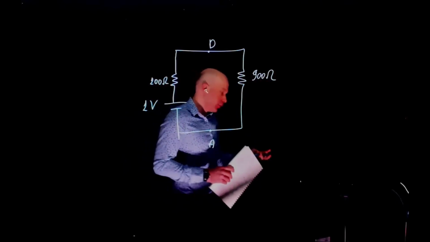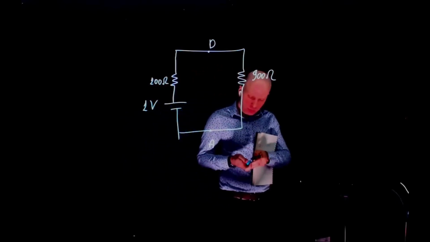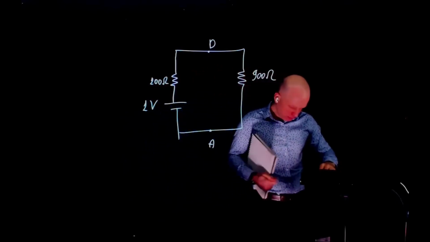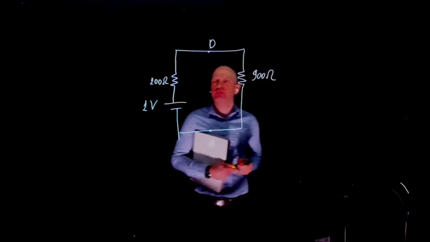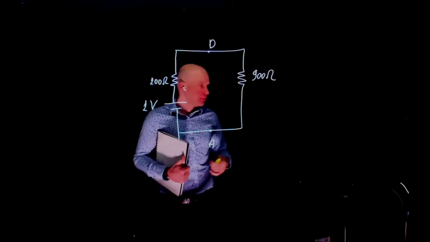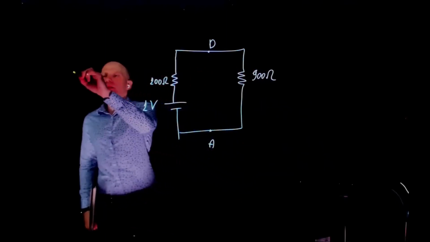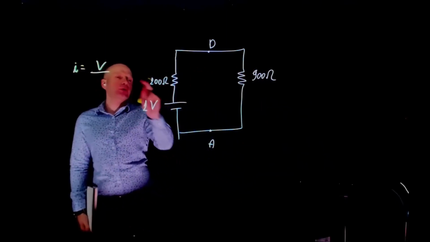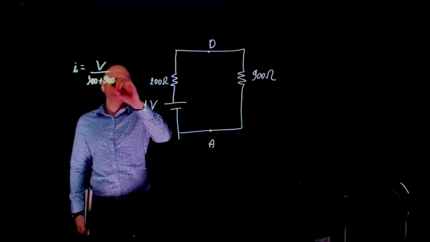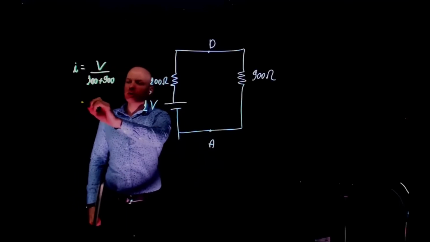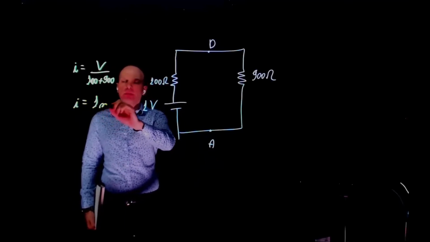What is the current flowing through this circuit? Any guesses? What is the current flowing here? The current is simply V over these two resistors, 100 plus 900. This is 1 volt, so the current will be 1 milliamp.